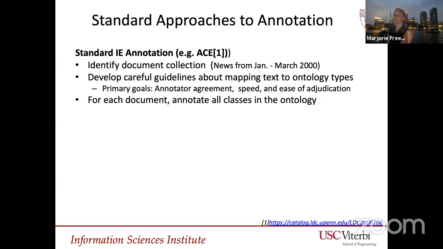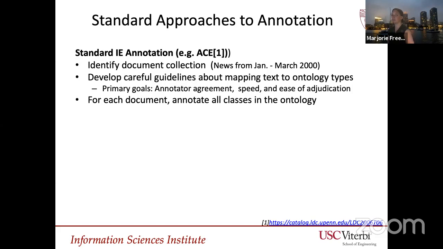The primary goal in developing those annotation guidelines is agreement between people, and the speed at which people can do the tasks. You want more annotation, usually. And then people are going to disagree sometimes, either because they make mistakes or because it is hard to map language to these classes.